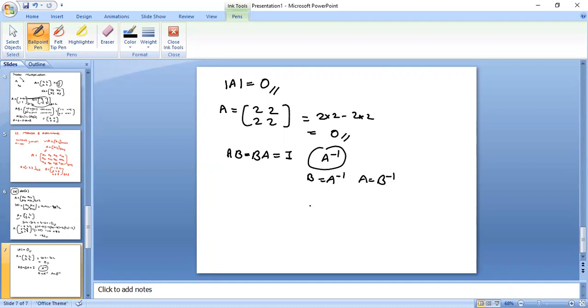Next, we will see cofactors of an element. Cofactors of the elements.